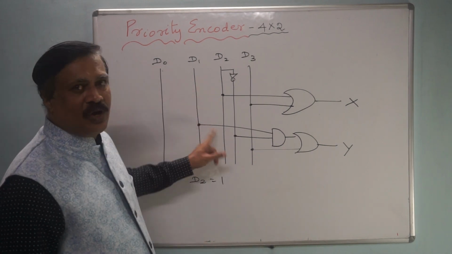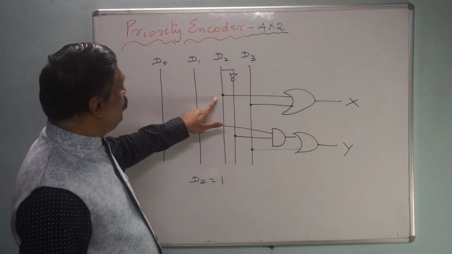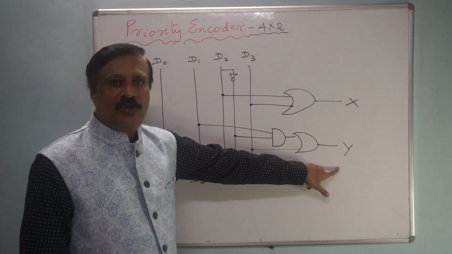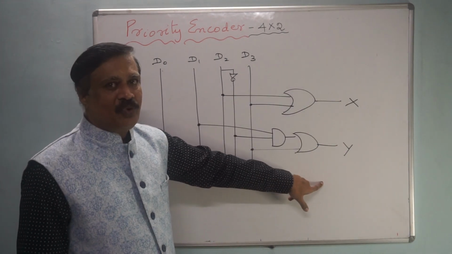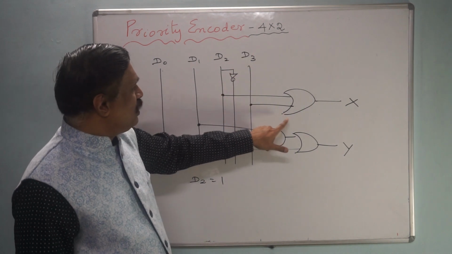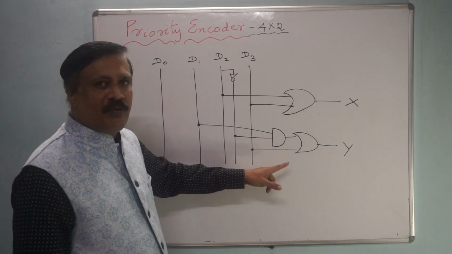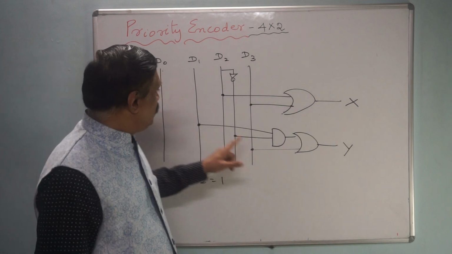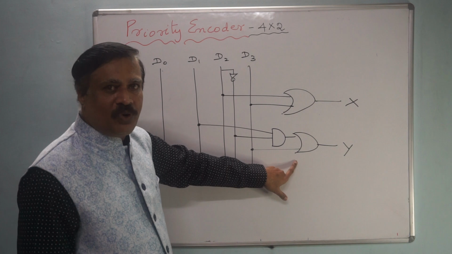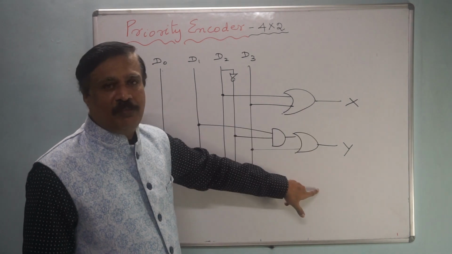Therefore, D2 1 means this OR gate will give 1, and here it will generate 0. Therefore, 1 0 will come. D3 1 means this 1 will be there, and all others will be 0. Here also D3 is connected, therefore it also generates 1. 1 1 will be there.